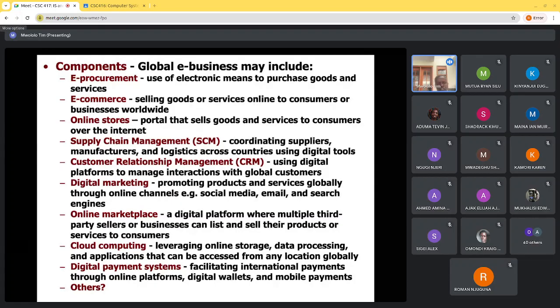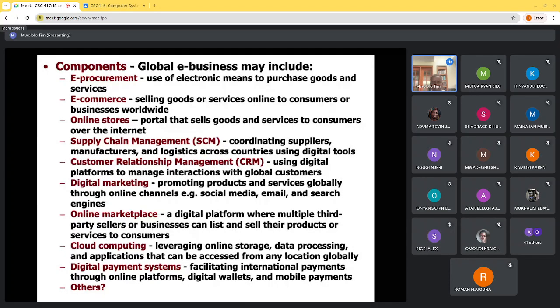You could also include digital marketing, where you promote your products through online channels, whether it's social media, email, search engines, or whatever it is. Then an online marketplace, which is a digital platform where third parties can list and sell their products to consumers.